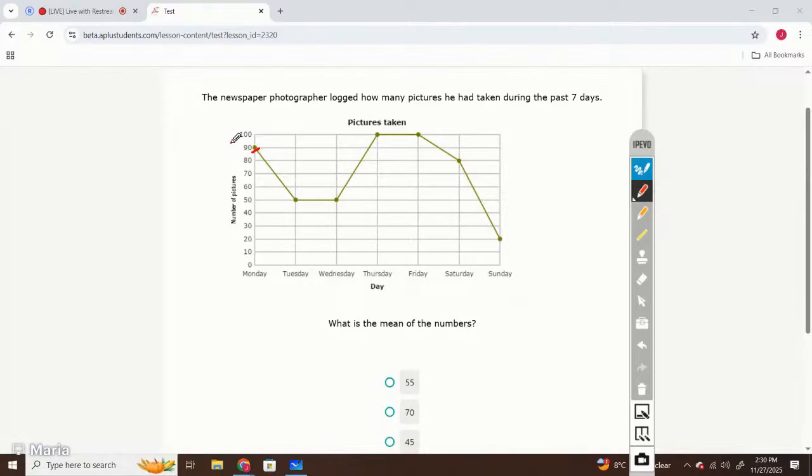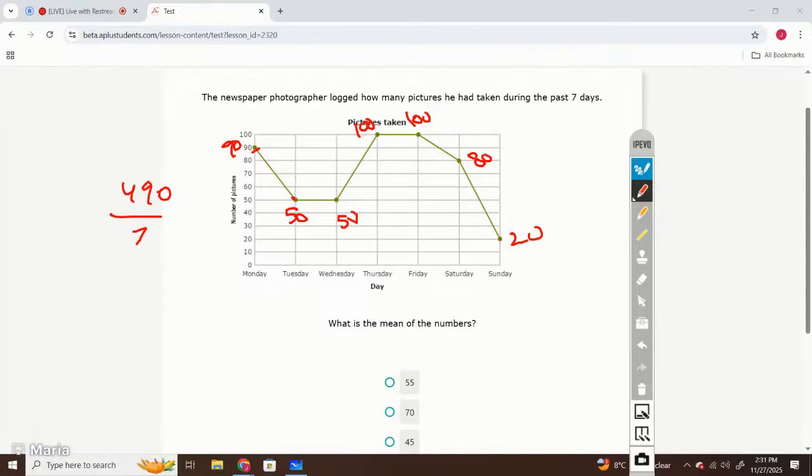So here you have 90, you have 50, again 50, then here we have 100, then here we have 100, we have 80, and we have 20. We need to calculate the mean, so we need to add 90, 50, 50, 100, 200, 300, 400, 490 it is, and divide by 7.